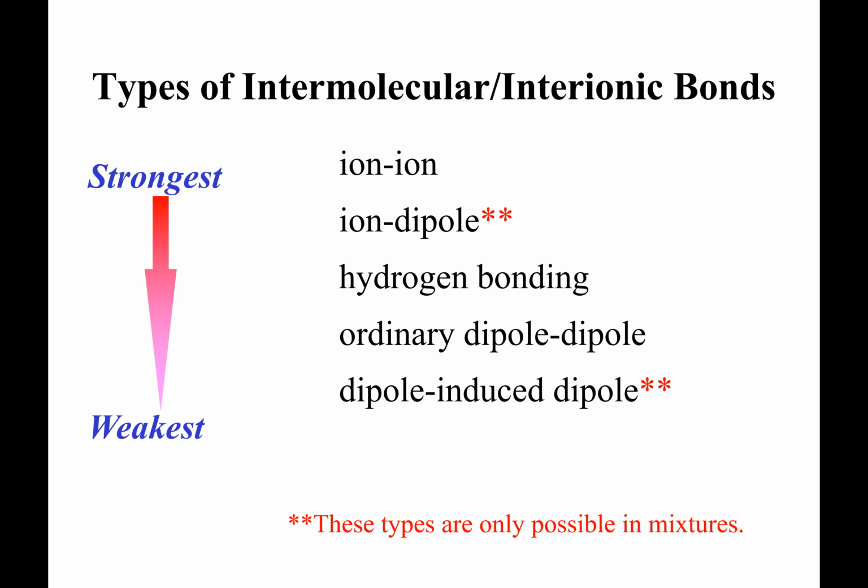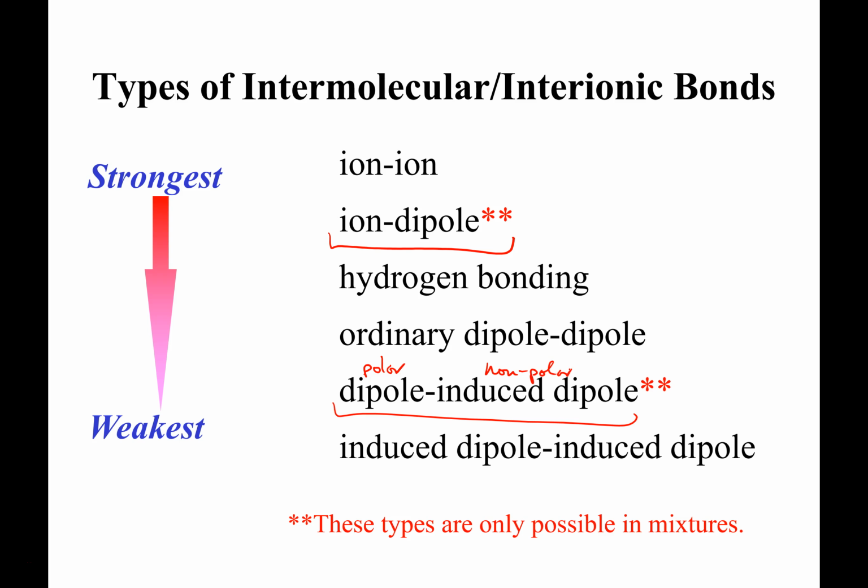You can have dipole-induced dipole. I told you a while back that anytime you run into the term dipole, I was hoping that you'd remember polar. And induced dipole are nonpolar substances. So notice the little asterisk says that this would be a mixture for sure, of something that is polar and something that is nonpolar. And then last but not least, we have induced dipole.